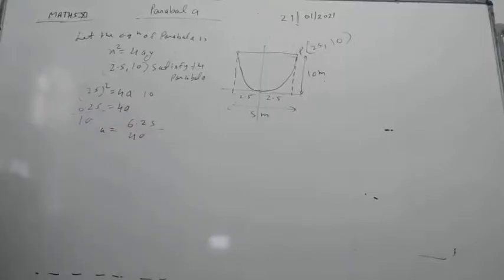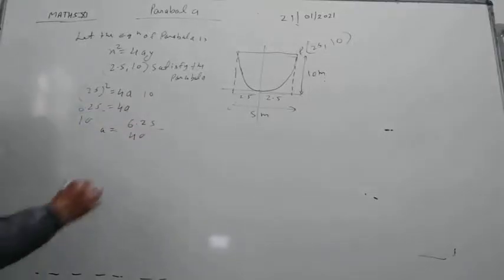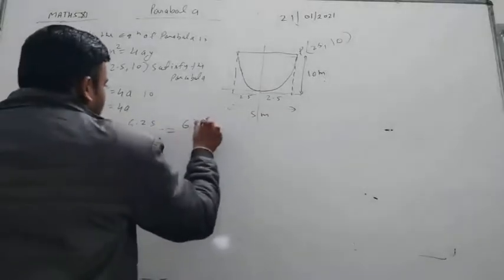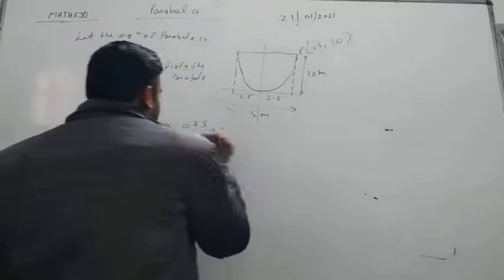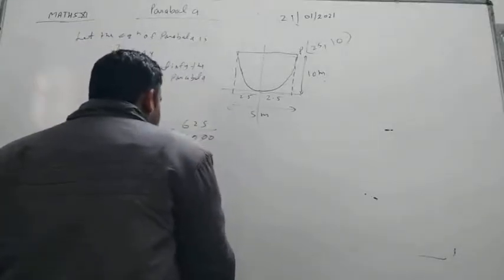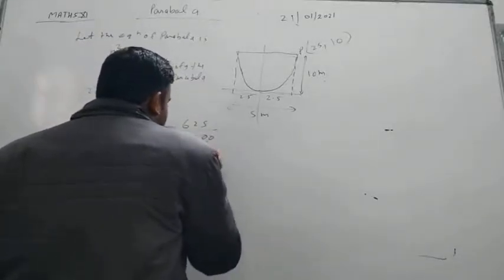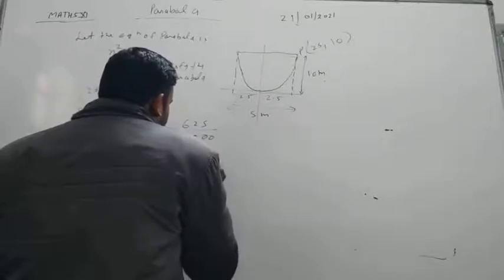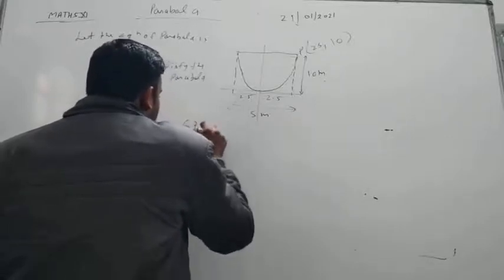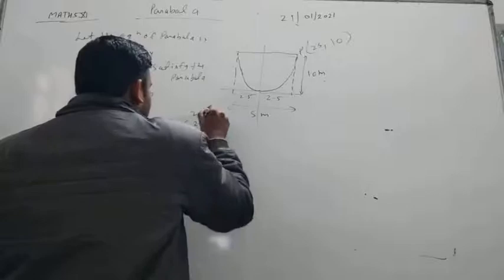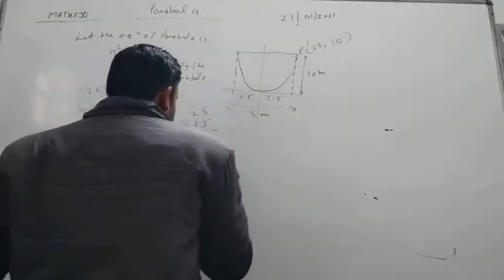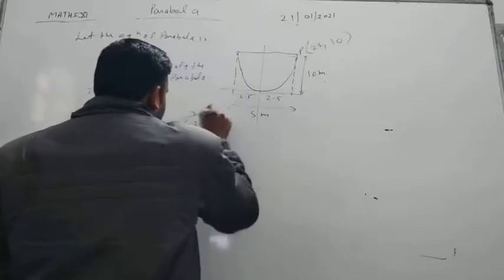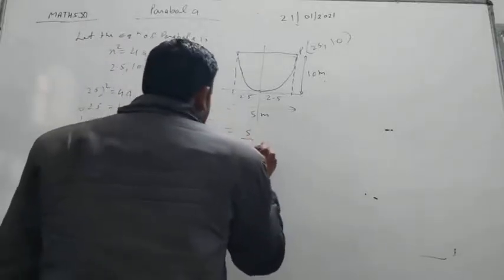Okay students, now when we solve it, we get 625 by 4000, and cancelling 25, it will be 5 by 32.